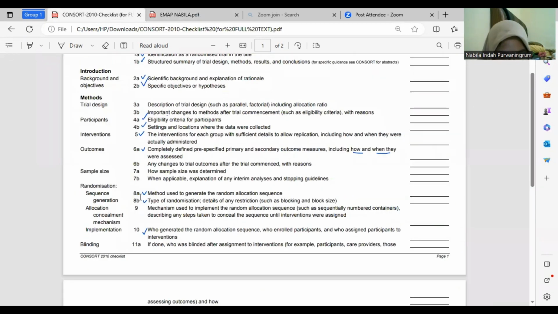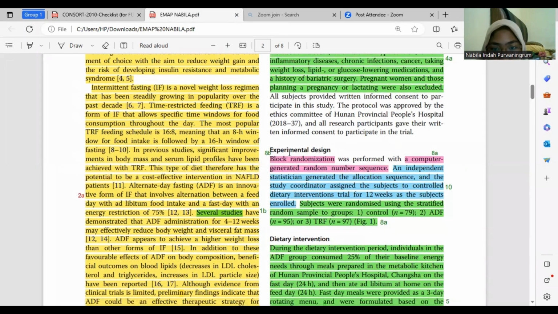Next is 8B: the type of randomization and details of any restriction, such as blocking and block size. We can see it here, there's block randomization. So what is block randomization? Block randomization means that the randomization is going to be fair by the numbers, like 1-1-1, 2-2-2. So the comparison is not 1 to 1 or 1 to 2, it's balanced.